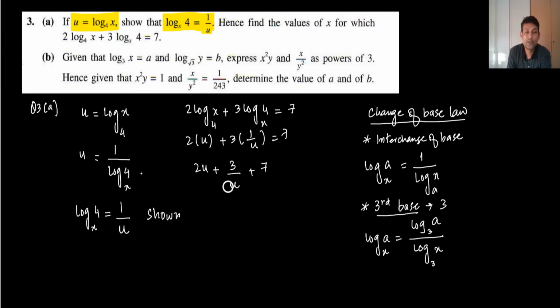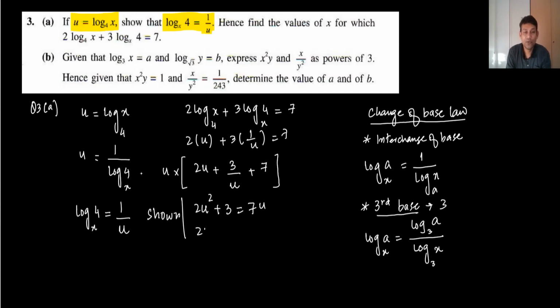The LCM is u. I want to discuss a method with you. When you have the LCM of any equation, multiply by the LCM. The LCM is u. u times 2 is 2u squared. 3 upon u multiplied by u cancels, leaving only 3. And this is 7u. This is the easiest way to remove the denominator from the equation.